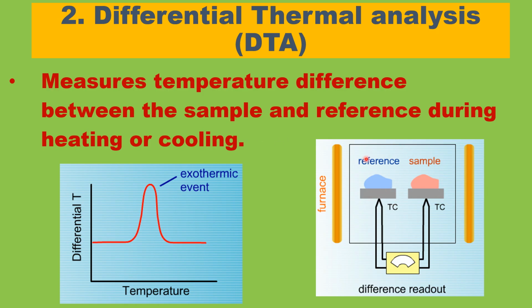In the case of the reference, there will be no reaction, whereas in the sample there will be a thermochemical reaction occurring. For example, if the thermochemical reaction is exothermic, heat is released, therefore the sample will be hotter and the temperature will be higher.